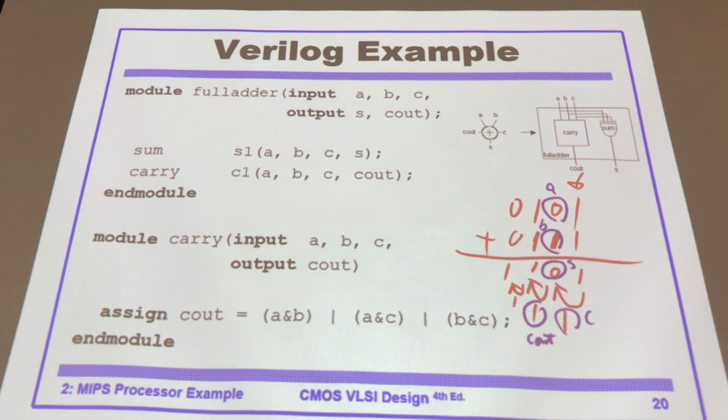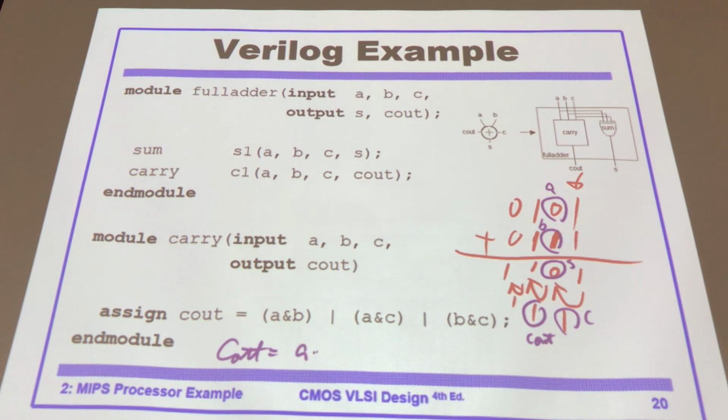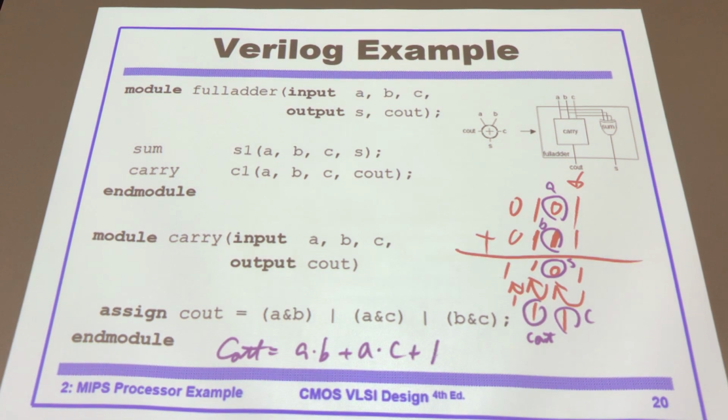Assign is the keyword for the statement. Assign C out equals A and B, or A and C, or B and C. In terms of Boolean function, C out equals AB or AC or BC. Is that right?